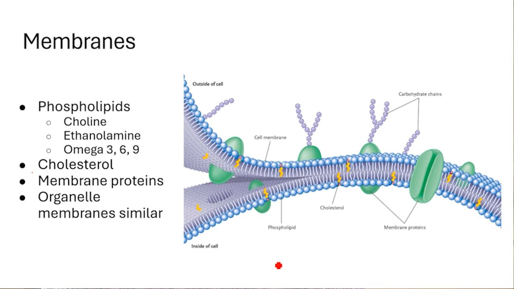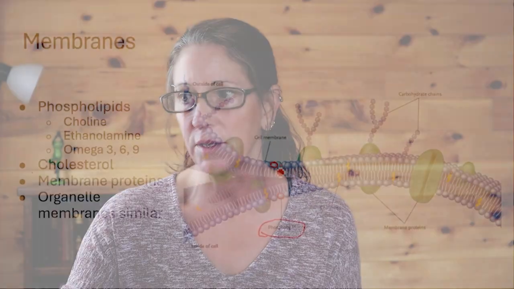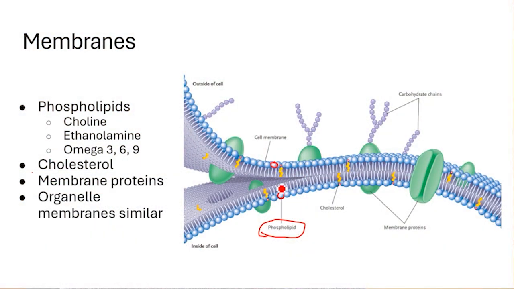Okay, a quick look at membranes. So membranes are composed of these phospholipid molecules. Each phospholipid molecule has a head component that is called polar, so it means that it is basically water soluble, so it will interact with the water molecules outside of the cell or inside of the cell. The polar part is either inside the cell or outside of the cell, and then in between here, these little tails, these are fatty acids.